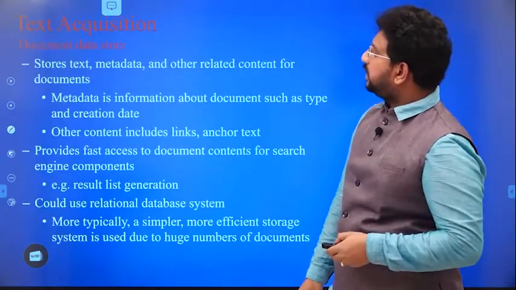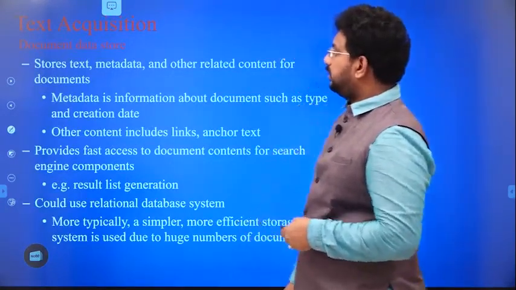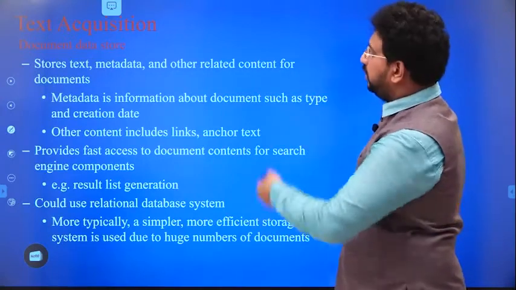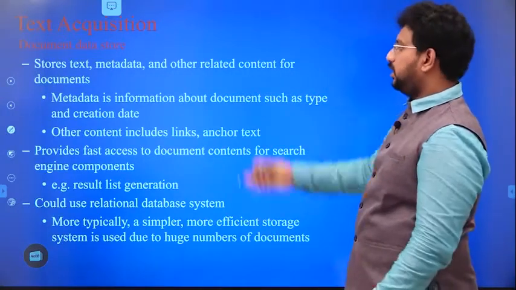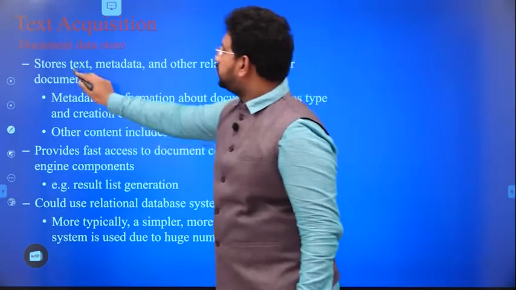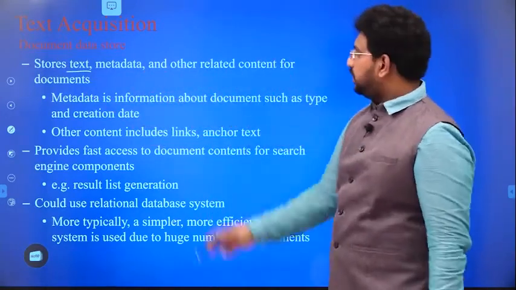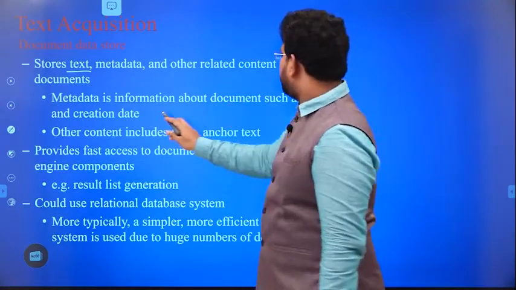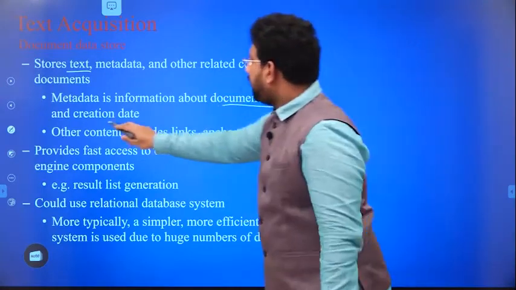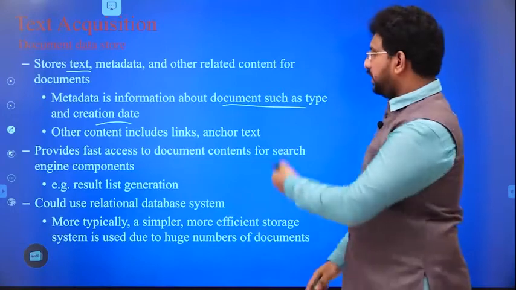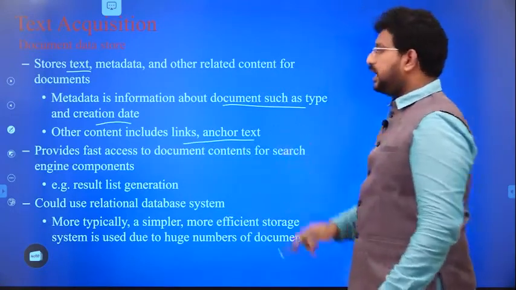We'll try to understand the document data store in a more detailed manner. As I already explained, it stores the text, metadata, and other related content for the documents. Metadata is information about the document such as type and creation date, and other content includes links and anchor text.